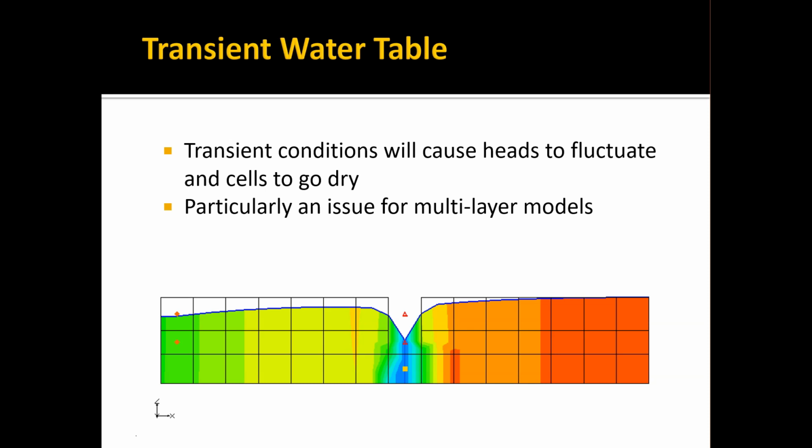This is particularly an issue for multi-layer models, especially when your top layer is very thin. And so that can make this an even bigger problem. Maybe halfway through your transient simulation, a bunch of your cells go dry when they really shouldn't.